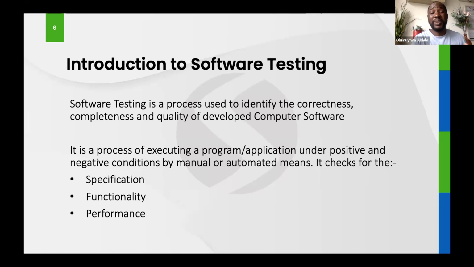What do we mean by completeness? What do we mean by quality? When we say something is correct, is it meeting what the business analysts have developed? Completeness: is it actually complete? Is something that is meant to be there not there? Or is something that is not meant to be there, there?